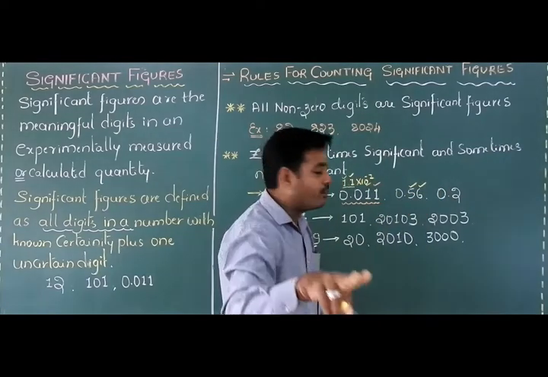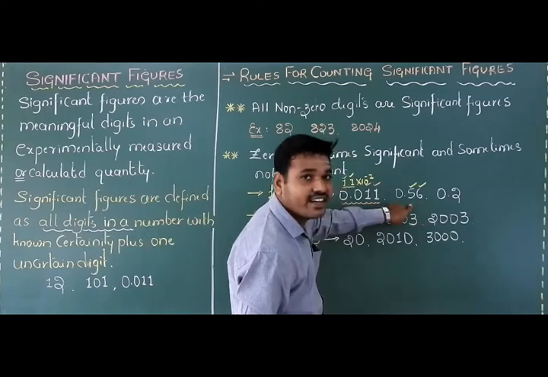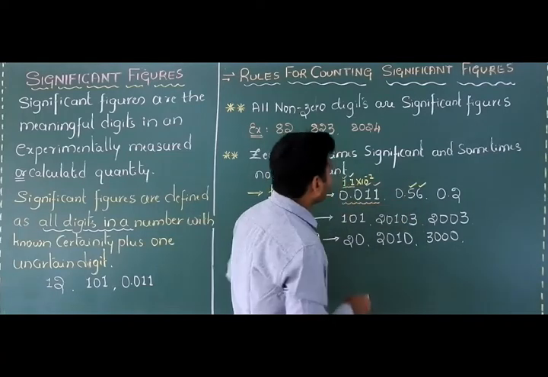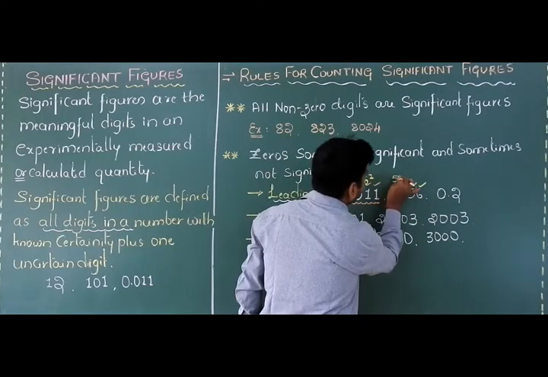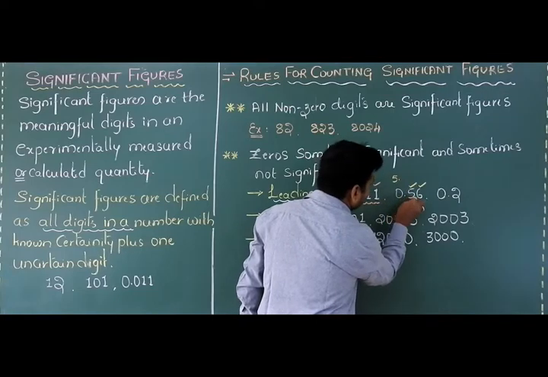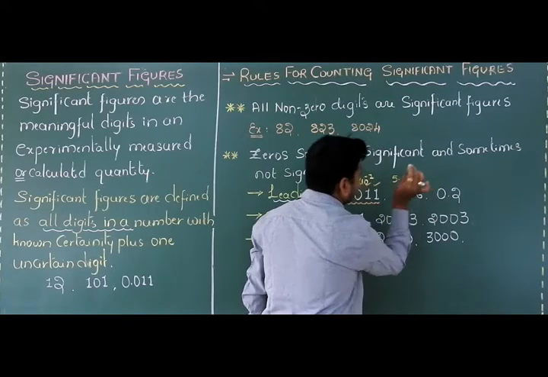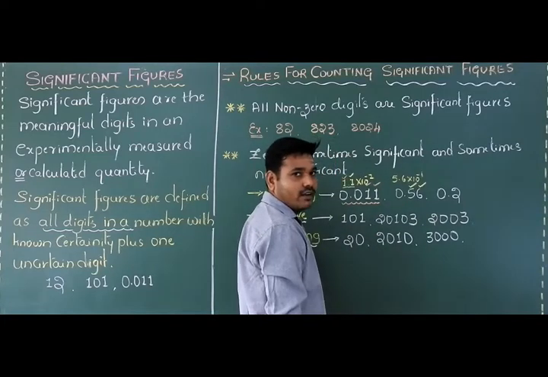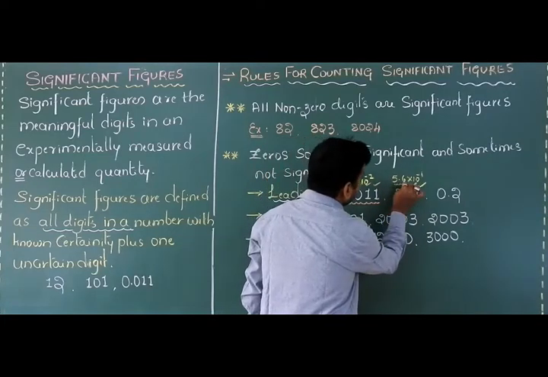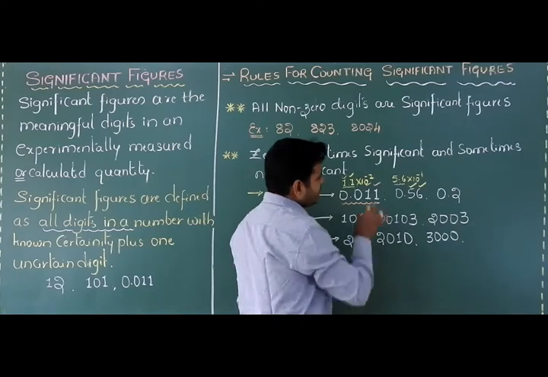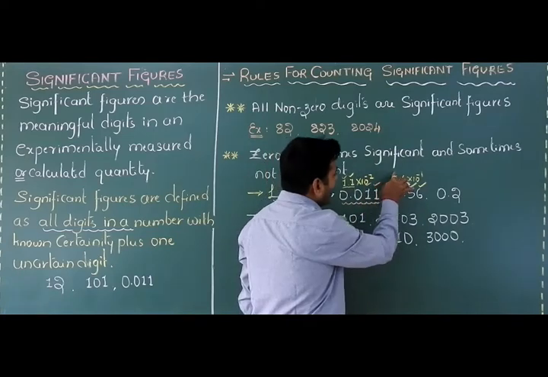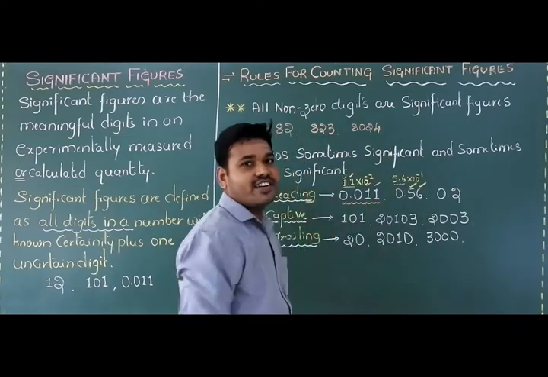Again if you want to express this in scientific notation, shift this decimal point after 1 digit, it becomes 5.6 into 10 raised to minus 1. How many non-zero digits here? 2 non-zero digits, that means 5.6, so 2 significant figures are present.